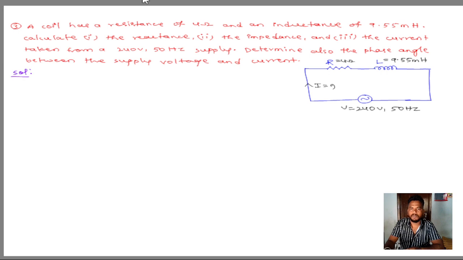First, we need to write the given data. What is the data given from the question?